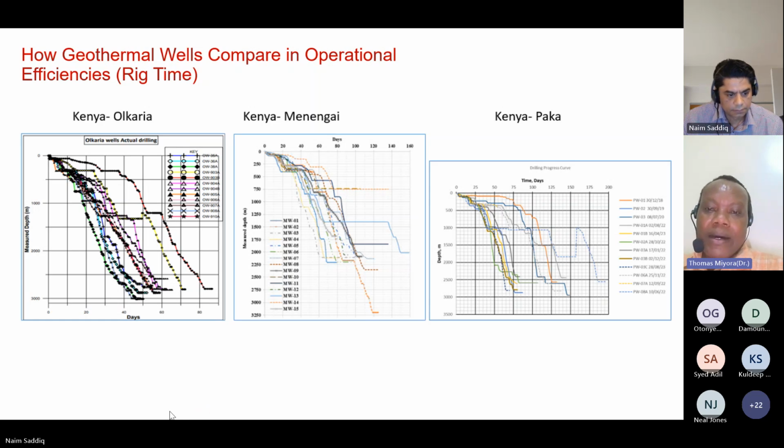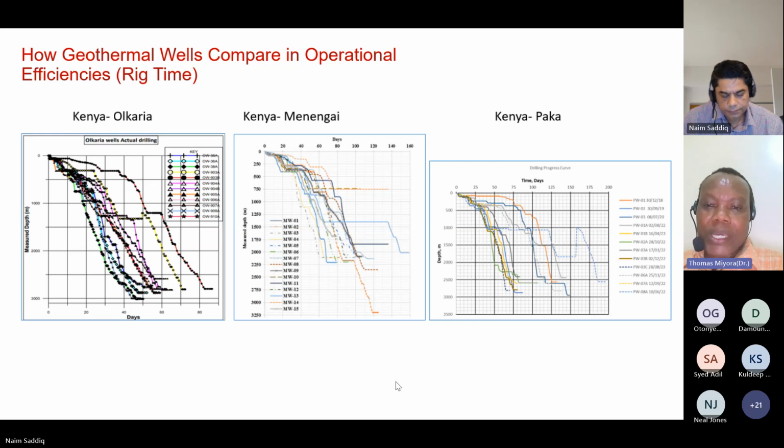The extreme right graph is the newest field that is being developed currently. As usual, the starting point of drilling is usually problematic because this is the learning stage. But with time, as in the graphs on the left, we come to learn about the field, and then we do design optimization, and then we achieve a better drilling time as shown.